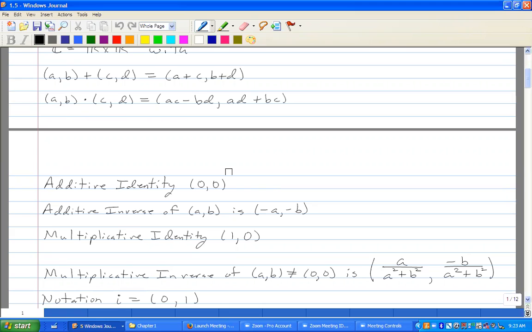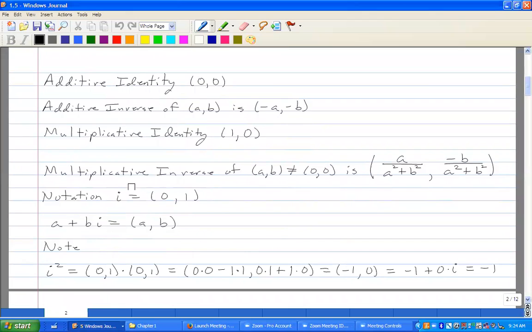The additive inverse of the ordered pair (a, b) is the ordered pair (-a, -b). The multiplicative identity is just the ordered pair (1, 0). The multiplicative inverse of the ordered pair (a, b), not equaling the origin (0, 0), is the ordered pair (a over a squared plus b squared, -b over a squared plus b squared).